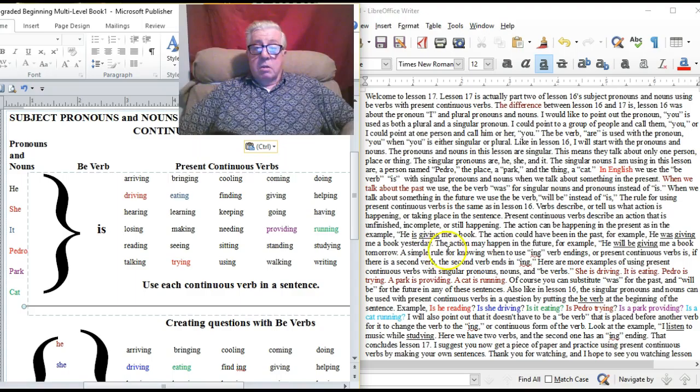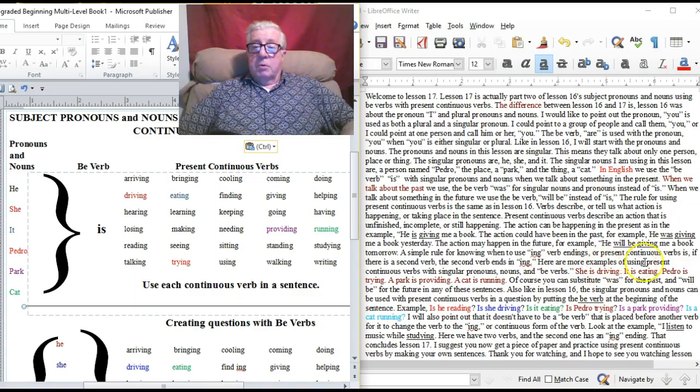The action may happen in the future. For example, he will be giving me a book tomorrow. A simple rule for knowing when to use ing verb endings or present continuous verbs is if there is a second verb, the second verb ends in ing.